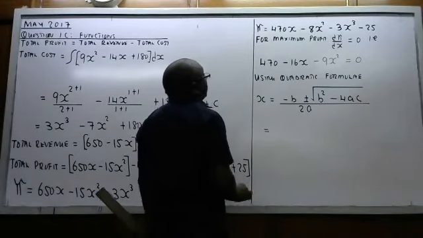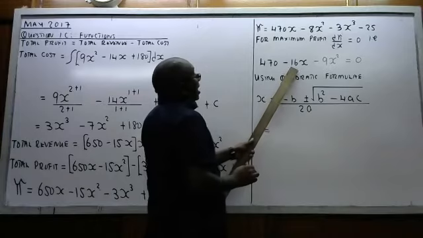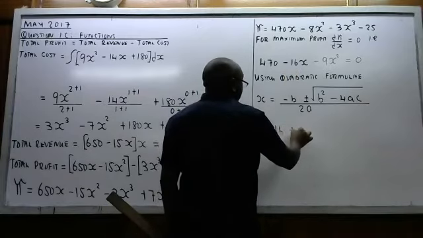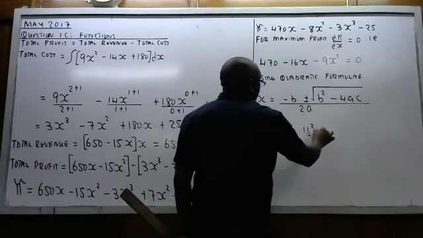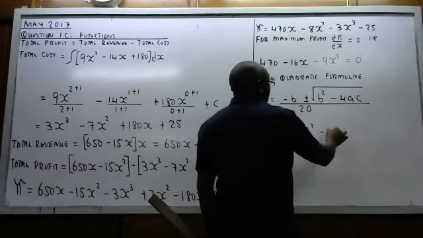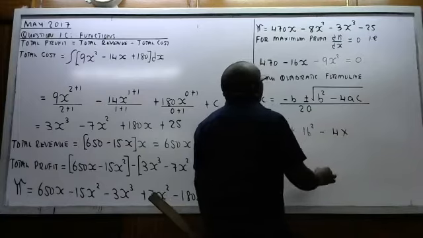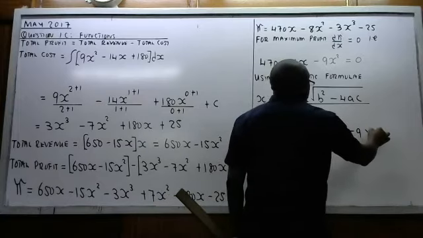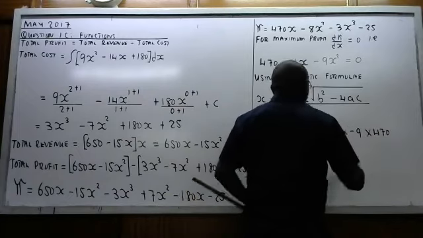You will get 16 plus or minus the square root of 16 squared minus 4 times a, where a is minus 9, times c, which is 470.